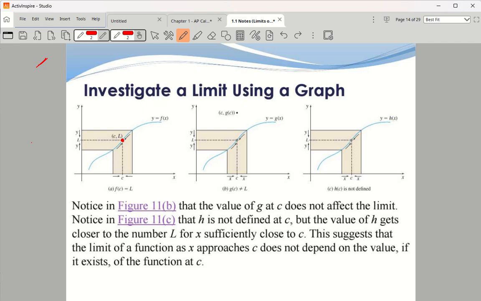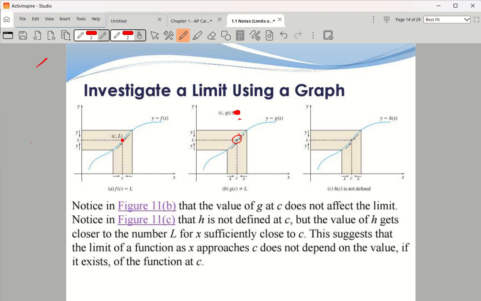So the limit exists, and they're both going to the same number. This one is an open dot here and a solid dot up here. So the function is not equal to the limit. The function would be closed up here, open there.